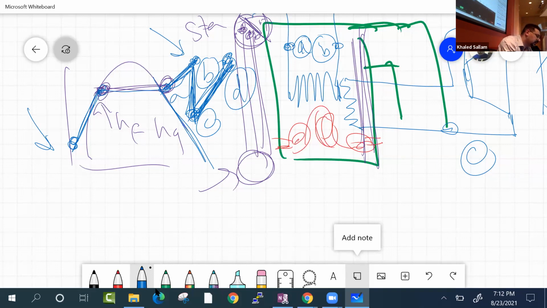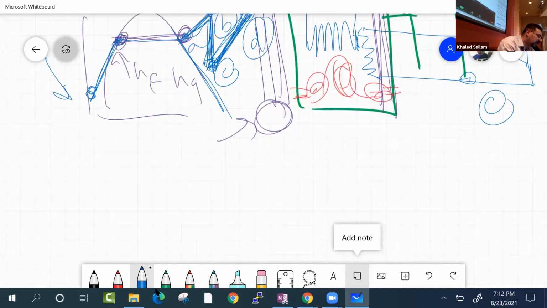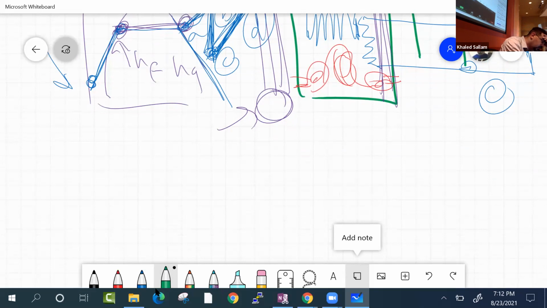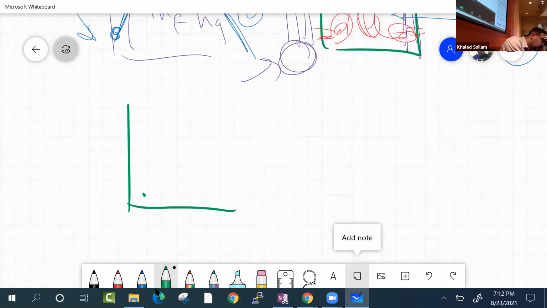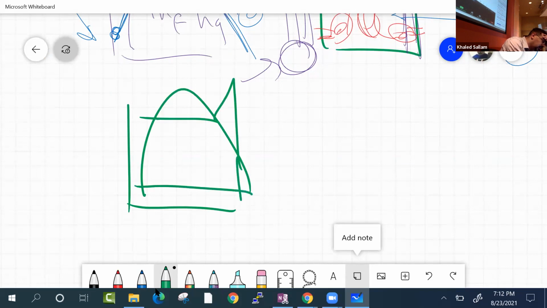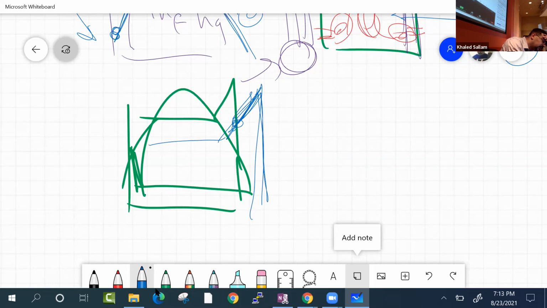The question is, in a reheat cycle like that, so here is the regular cycle, can you make it better by reheating? So you come here at that pressure and you reheat, and then you expand in the turbine.